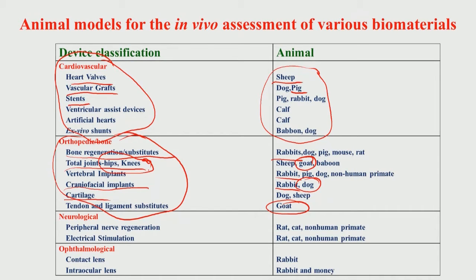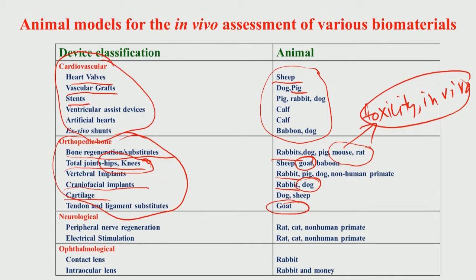Now, for the toxicity of small nanoparticle eluates, people use smaller animals like rat model or mouse model. So, this is essentially used for toxicity in vivo. You can use different experiments for cytotoxicity property in vitro. Similarly, toxicity property also can be assessed in vivo.